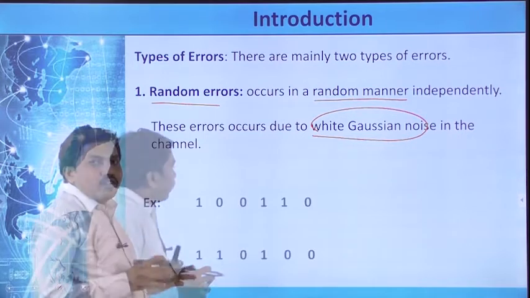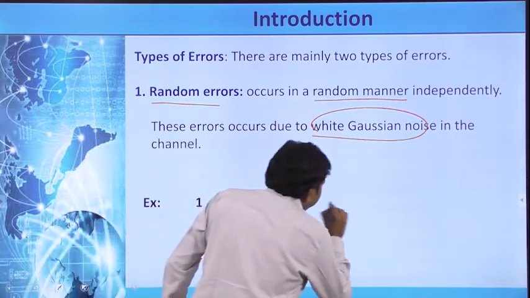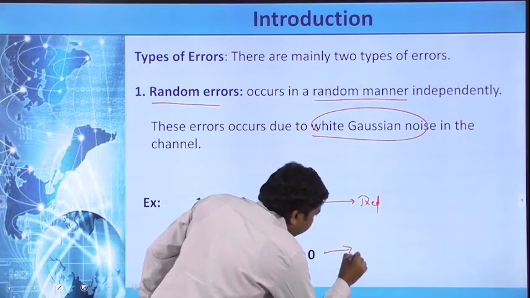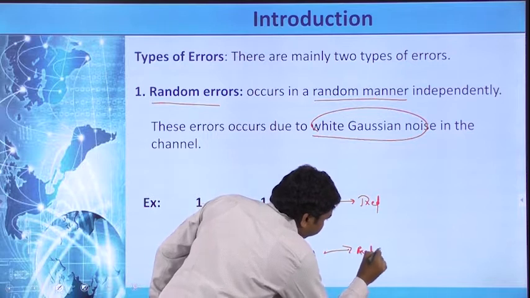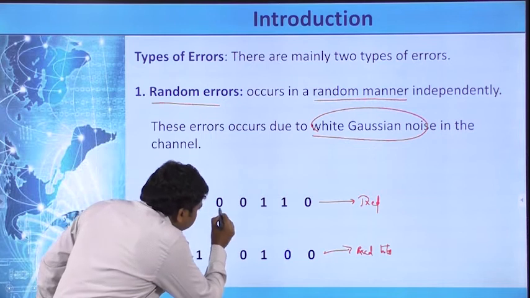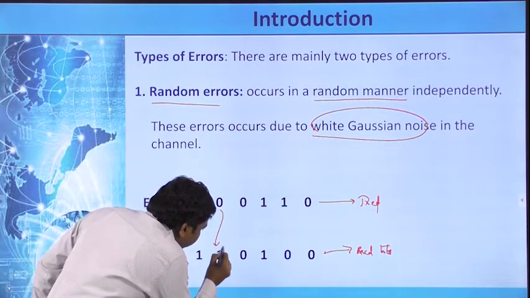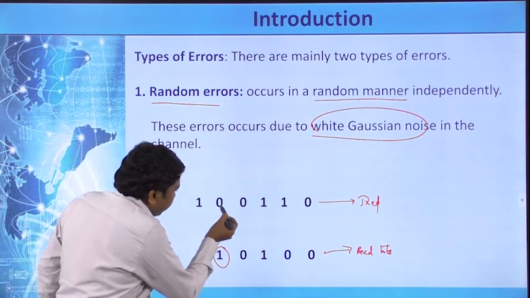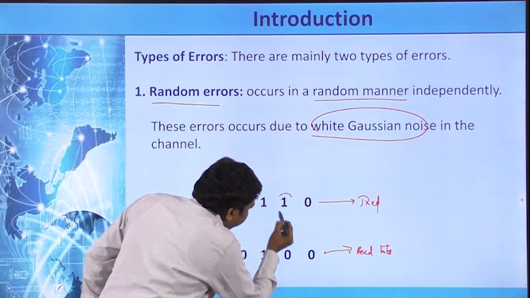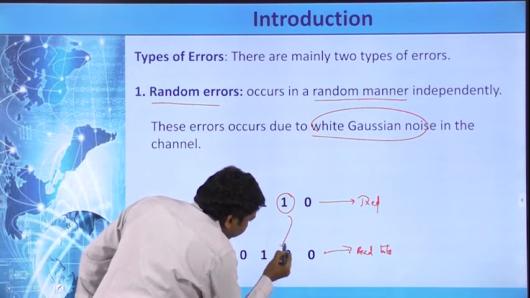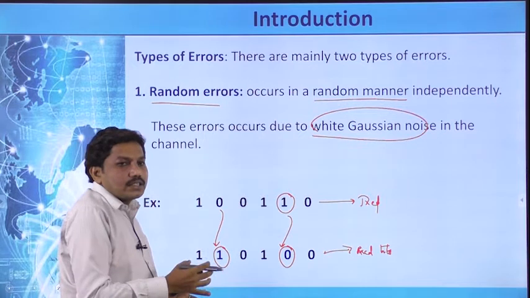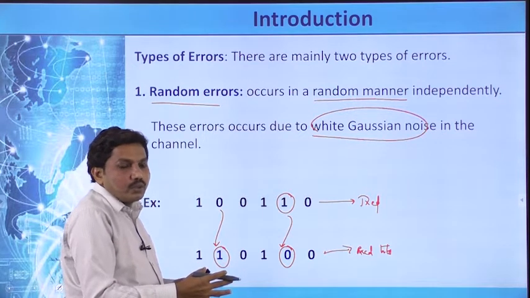For example, these are the bits transmitted, whereas these are the received bits. Look at the example carefully. Here binary 0 is changed to 1. See this bit: our transmitted bit is 0, but it is 1. Look here, here also the transmitted bit is changed to 0. So these are the random errors which occur in a random fashion. Those are independent.